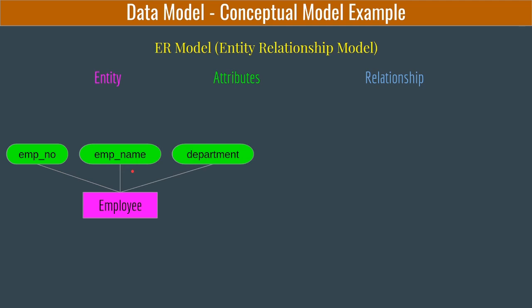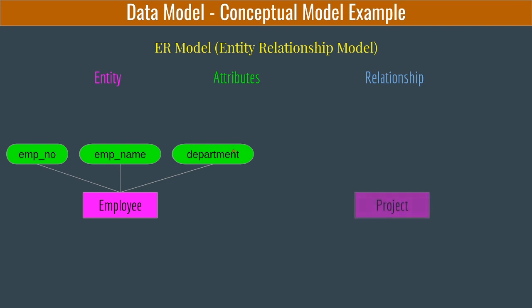For example, employee may be belonging to a finance department, he may belong to an HR department, he may belong to a marketing department, and so on. There may be other attributes also, but in this example I have only used 3. So this is one entity, and the features of entities are described using attributes. So this is an example for attribute, this is an example for attribute, and this is an example for attribute.